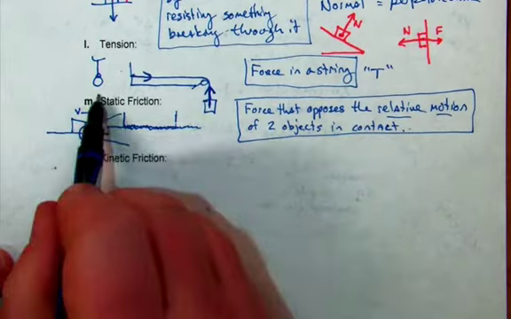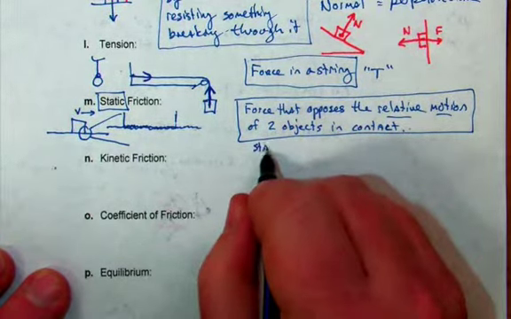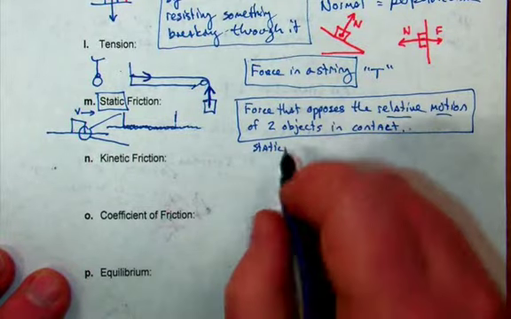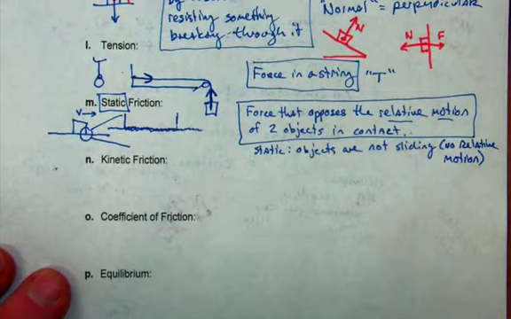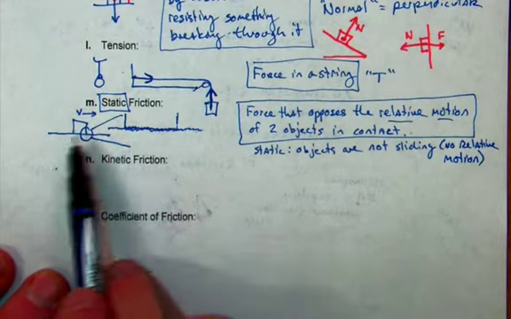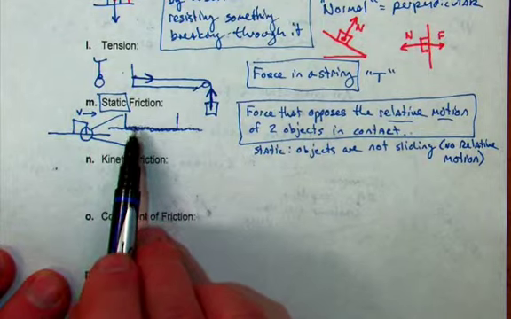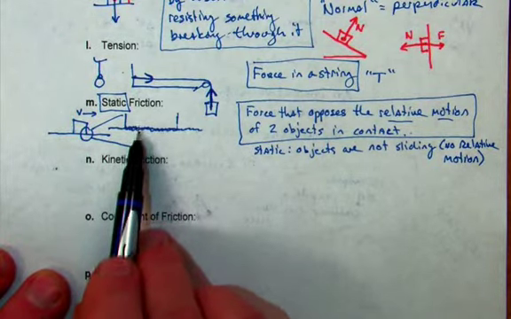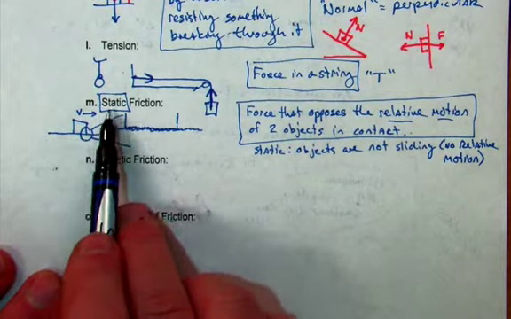Now you notice that this one is static friction, and what static means is those objects are not sliding. There is no relative motion yet. Okay, so if this is a block on a surface, this block and this surface are not moving relative to each other. That's static friction. So this example where I said the block is sliding would not be static friction.